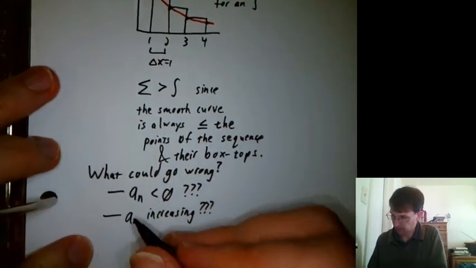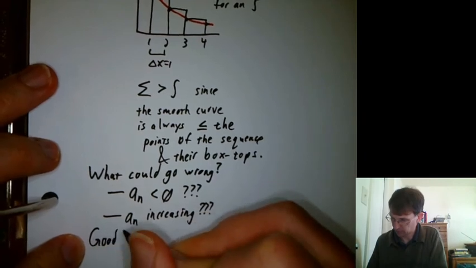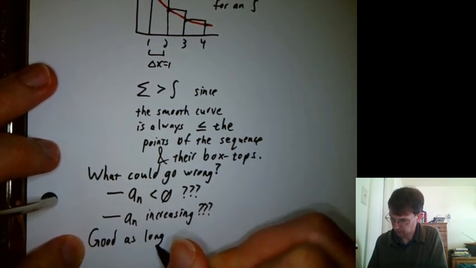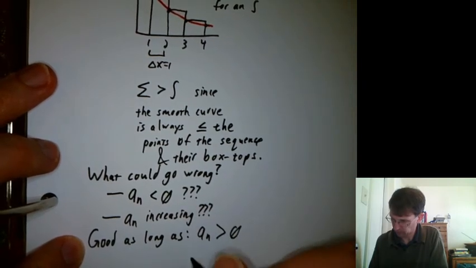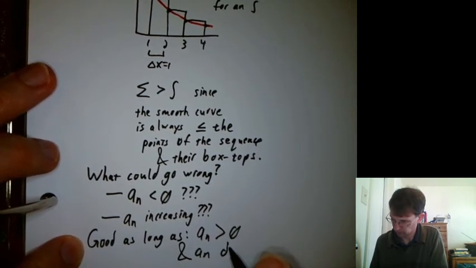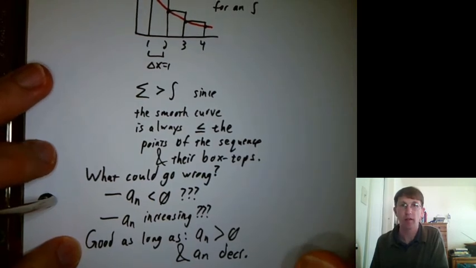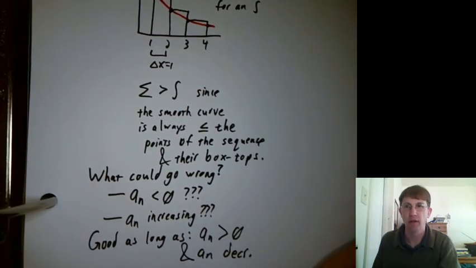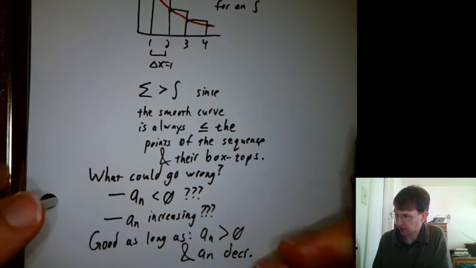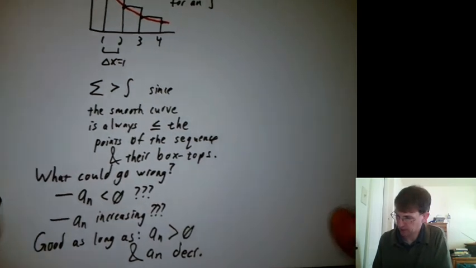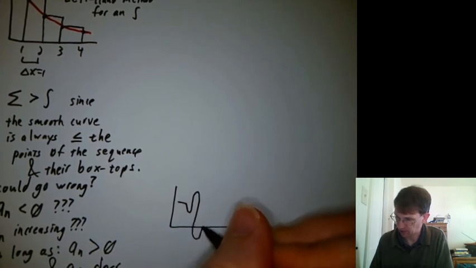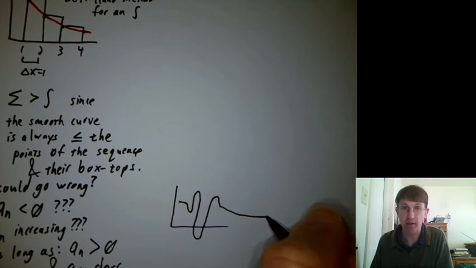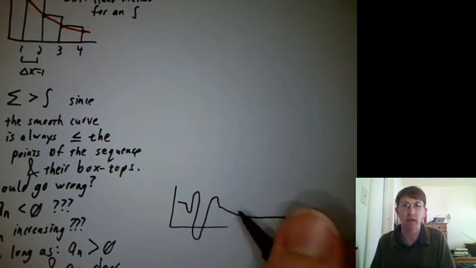So let's write that down. There's an exception to what we need here, and that is if we had a sub n maybe decreasing and then increasing for a while and eventually going negative or something, but eventually it behaved nicely.